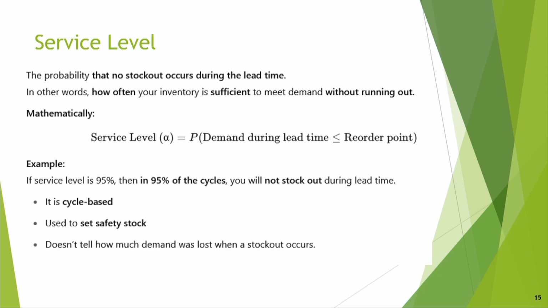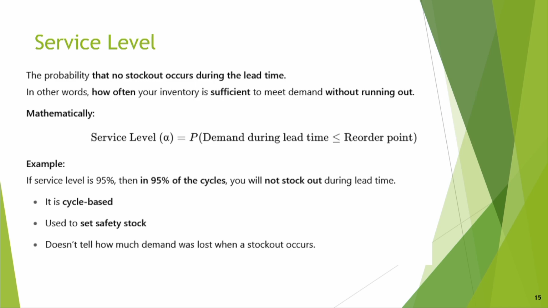Now, let us explain the difference between service level and fill rate. Service level is basically the probability that no stock out occurs during the lead time. It is not talking about how many units you are short. If you are short, then you are short; if you are not short, you are not. In other words, how often your inventory is sufficient to meet demand without running out.